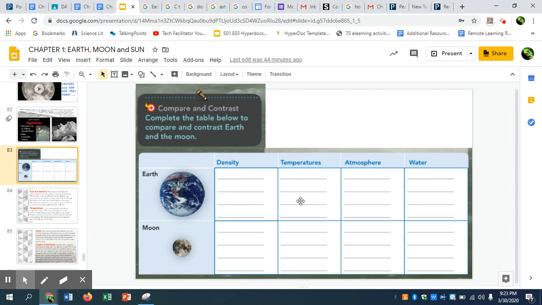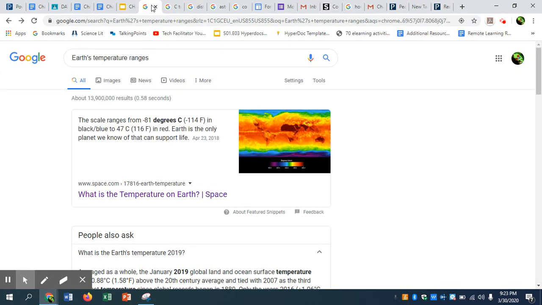Okay, let's go over to temperature. What is the temperature like on Earth? Let's start with the Earth. I have a website up here to help you. I just Google searched Earth temperature ranges. It says here that the scale ranges from negative 81 degrees Celsius, which is negative 144 degrees Fahrenheit. Freezing.